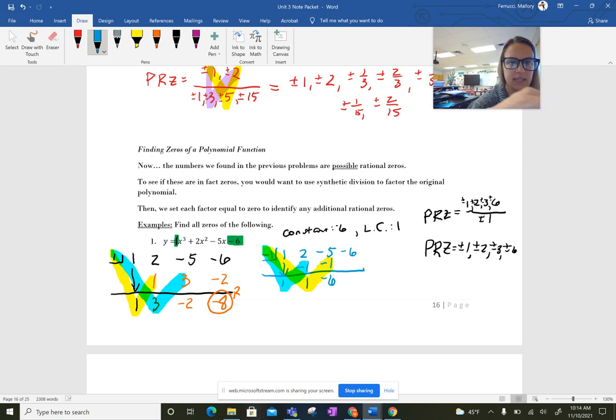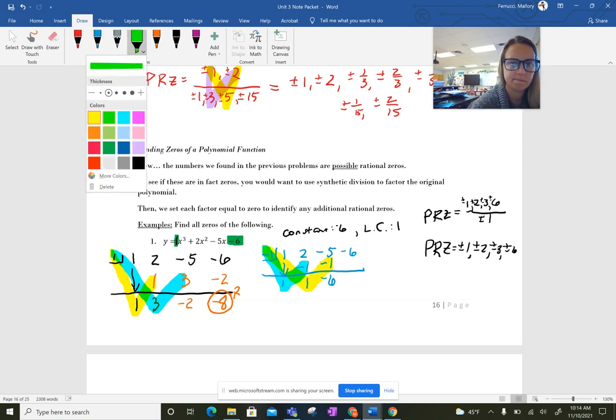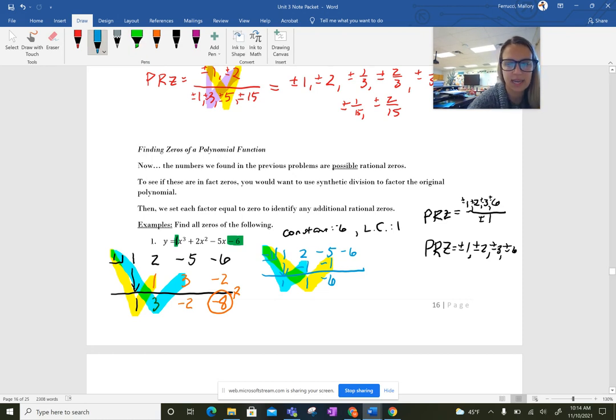Combine, you get -6. Then multiply the last one, -1 times -6, you get 6, and you get a remainder of 0. Look at the little donut hole there. Yay! So that means one of the zeros is definitely -1. We found one zero.